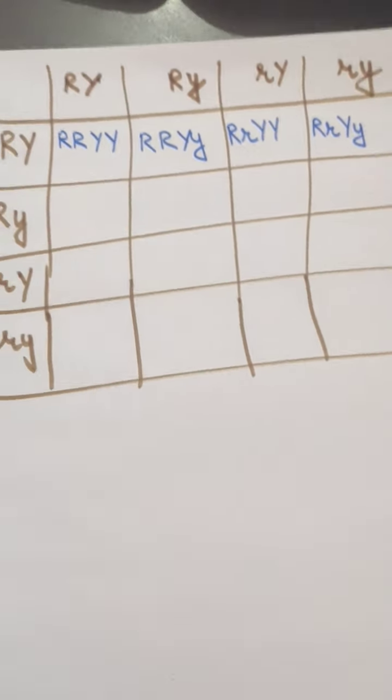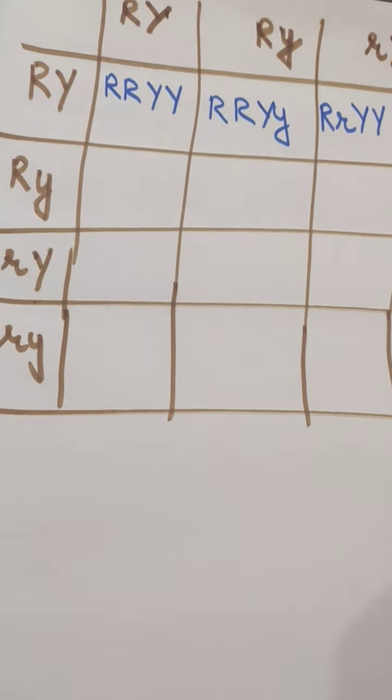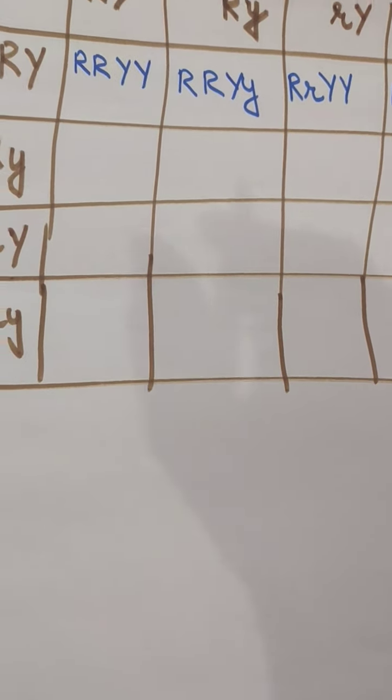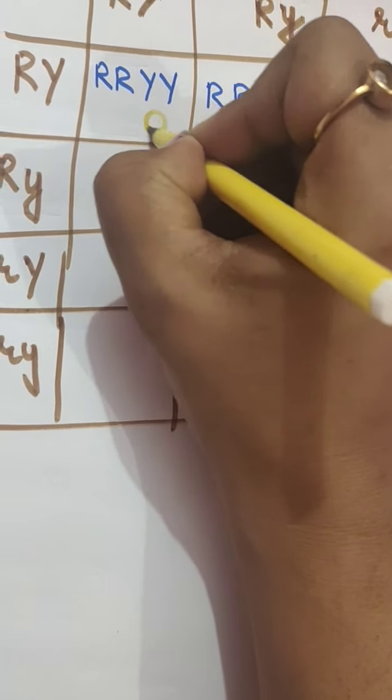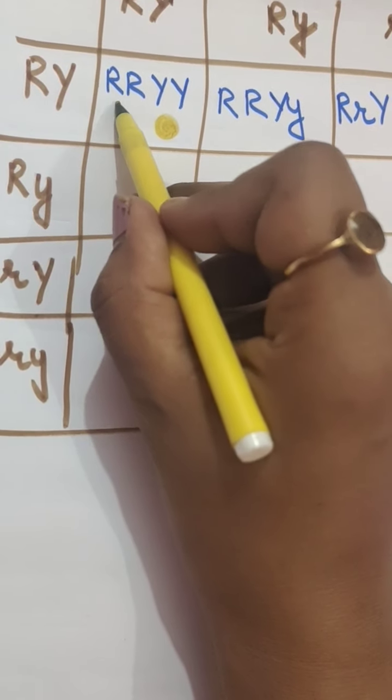You can understand that capital R stands for the shape, so it will be a round shape and it will be in yellow color. This stands for the shape and this stands for the color.